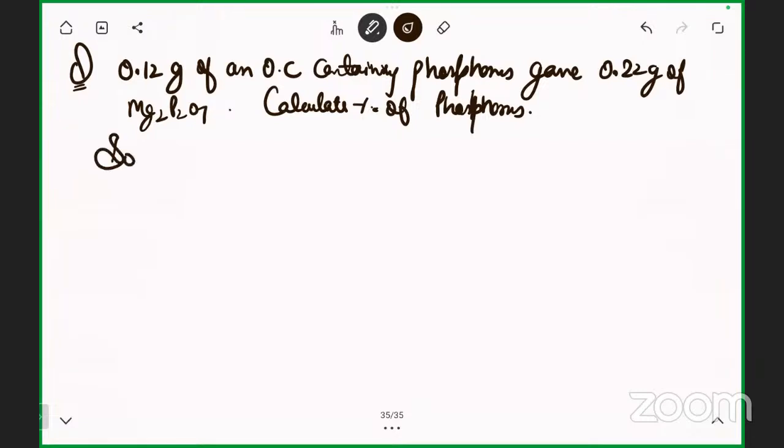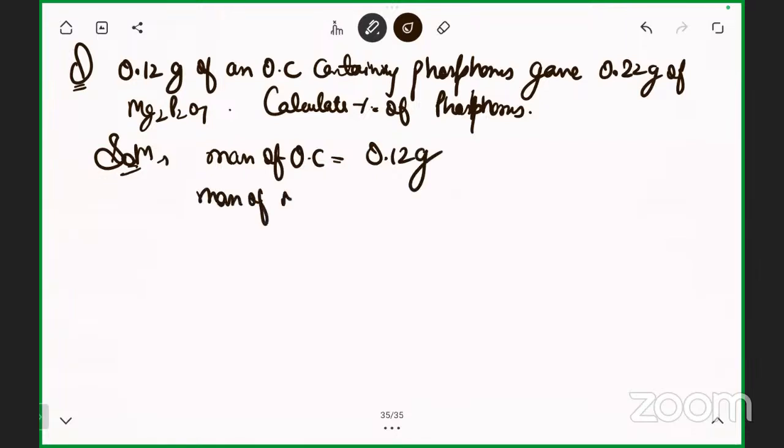What was the formula? First, write whatever you have. Mass of organic compound is 0.12 gram. Mass of Mg2P2O7 is 0.22 gram. So you will start doing the calculation. First write the formula.